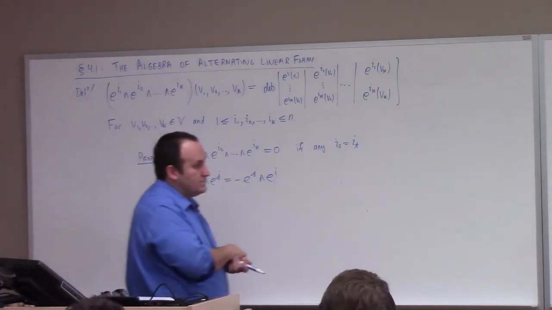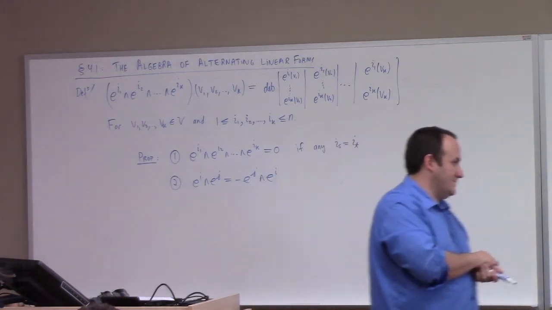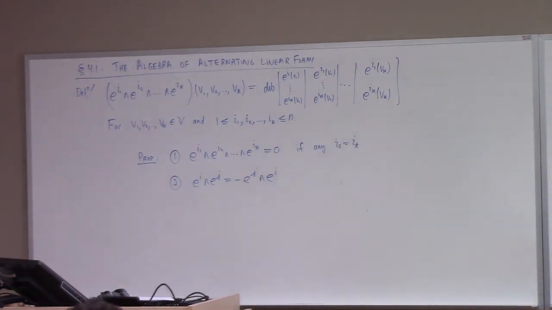So E^I1 wedge E^I2, etc., is going to be the E^I1, I2, IK that you find there. Special case. Because over there we make no assumption that they're distinct or increasing. So that's like the next proposition.